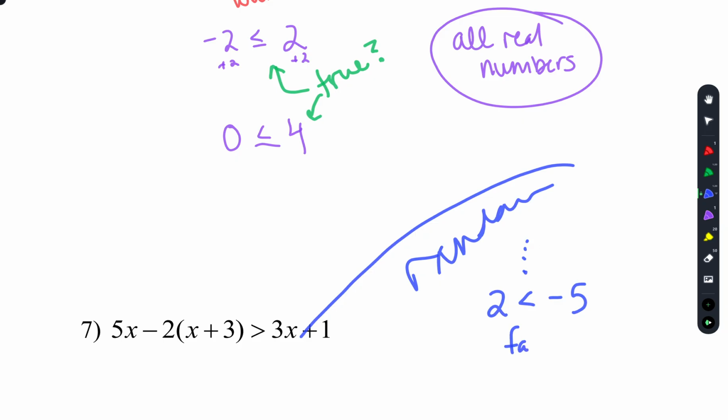This is false. So that one would be no solution. You have to look at it and decide for yourself if that's always true or not. So if all your x's are gone, it's either all of them, all the answers, or none. And then you decide. So that's it. That one's a scary one, isn't it?